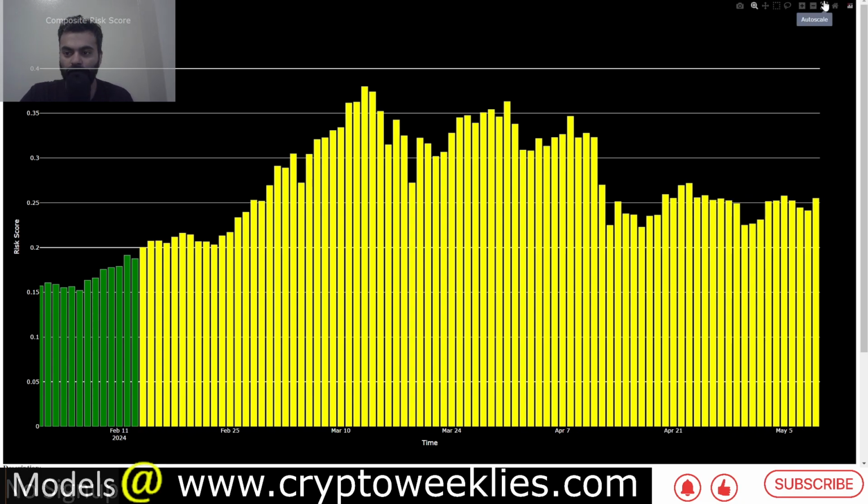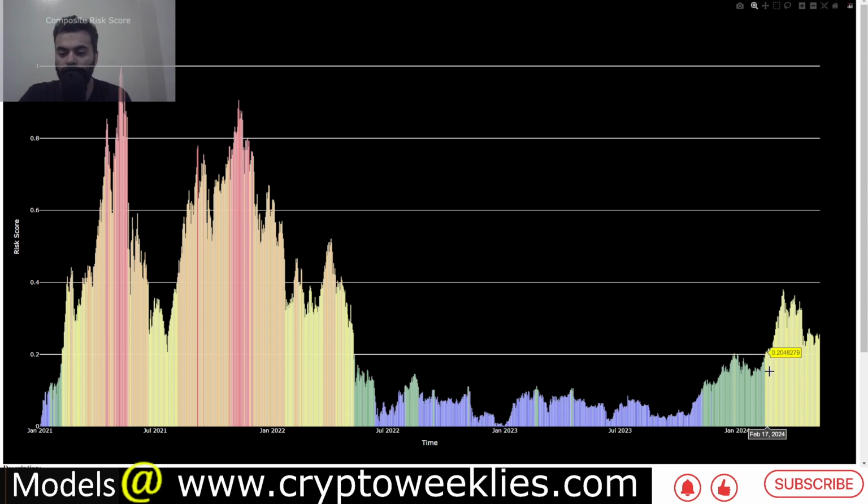And historically speaking, DCAing in green territory or blue territory has been beneficial. Yellow is a neutral territory. For someone with a higher risk appetite, yellow might be a color where entering the market is fruitful, whereas for someone with a conservative approach to crypto, yellow also might be a good time to exit the market.